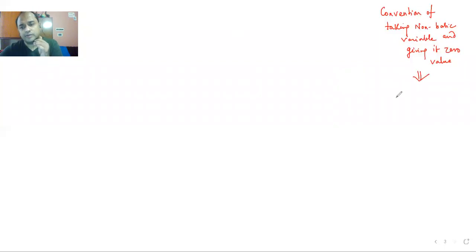First, you choose original. Start with original. If all the original variables are exhausted, meaning you have considered all the original variables and put them at 0 value, but still you need to consider more non-basic variables, then you go to slack.